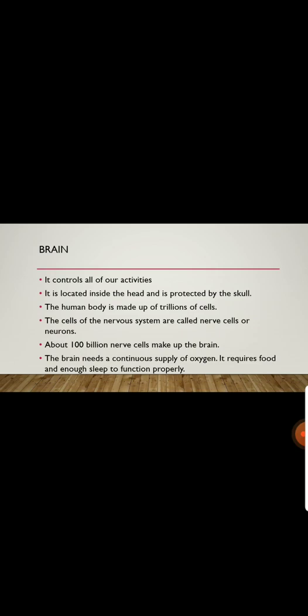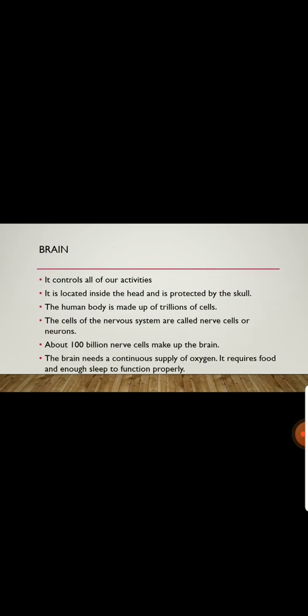Now there are different functions of our brain. It controls all of our activities, which means that whatever you do, it is controlled by the brain. Then it is located inside the head and is protected by the skull. Then the human body is made up of trillions of cells. Not millions, not billions, but trillions of cells are in your body.